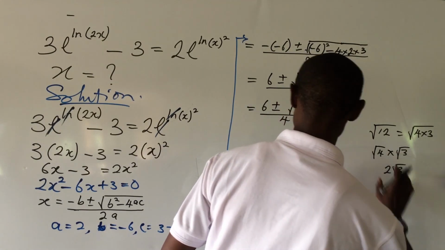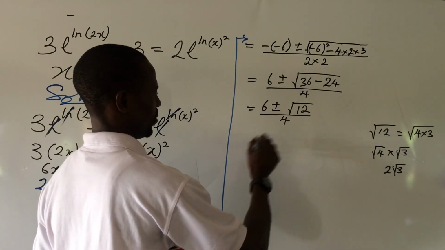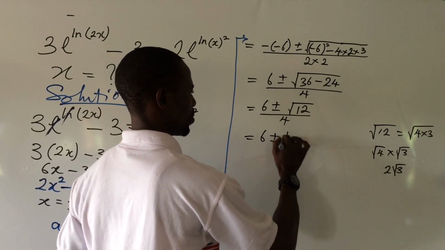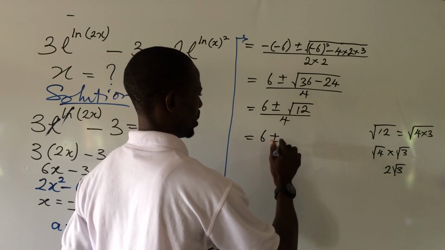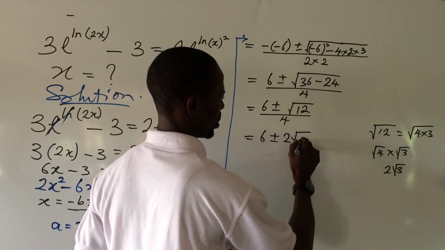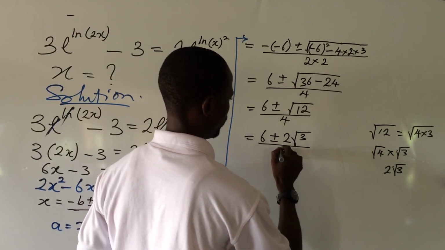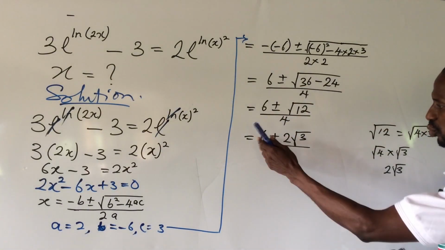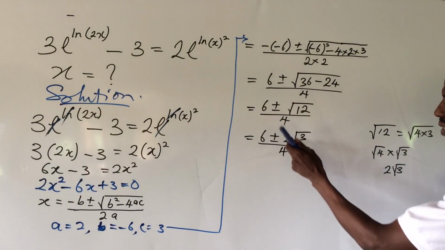So we can put this in place of root 12. If we do that, that will give us 6 plus minus 2 root 3 all over 4. We can now factor out 2, because 2 can go into this and 2 can go into this.